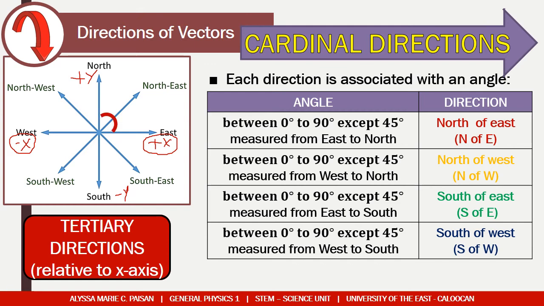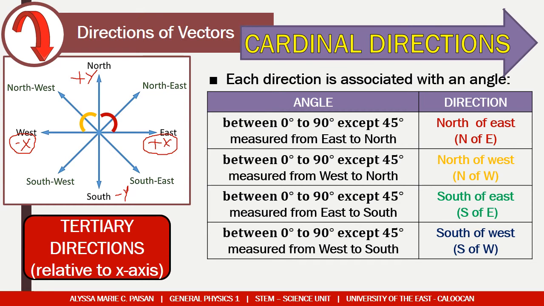Okay, so as you can see, the red curve moved starting from the east going to the north. So those are the possible positions for the vectors that have the direction of north of east. Galing sa east, papuntang north. And then we also have the north of west, coming from the west, going to the north, indicated by the yellow curve.